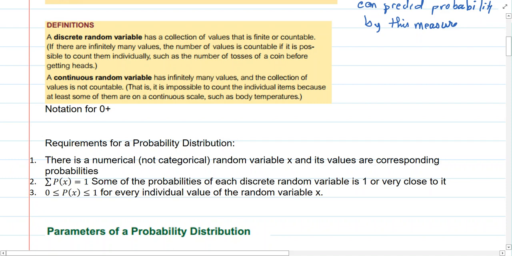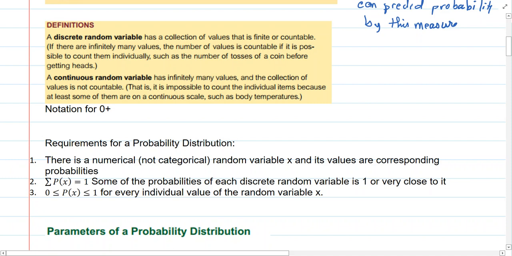A discrete random variable has a collection of values that is finite or countable. And what this does is tell us, like the tossing of a coin is heads or tails, and we can do not measurements, but chances of something occurring, knowing the sample space and how many random variables x we have.